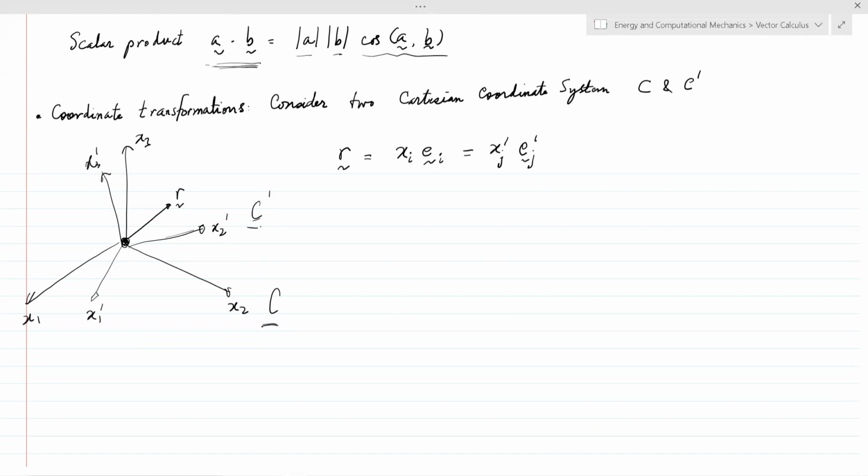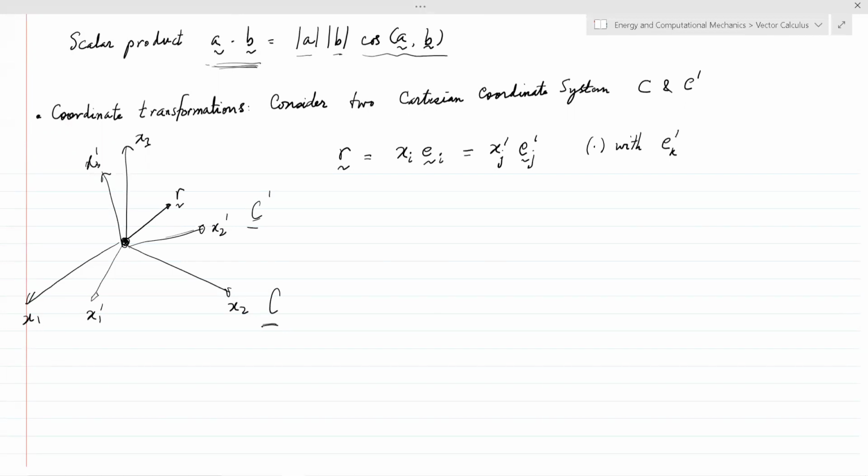So what I can do now is take the dot product with ek prime on both sides. It's a little trick we're going to do.